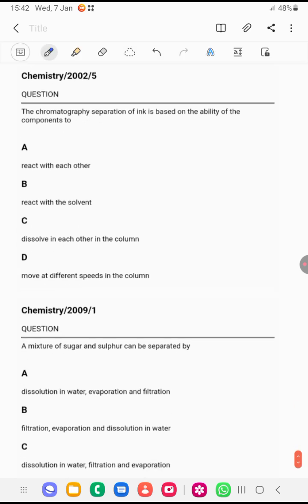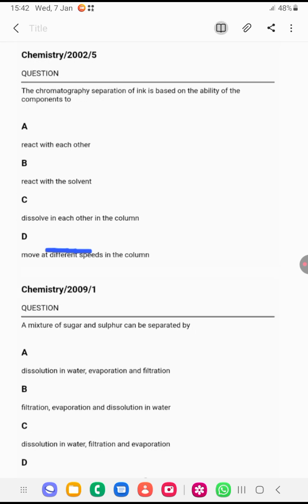The answer is D. That's the principle of chromatography: different compounds, different molecules, have different sizes, so the way they travel is different from each other. The ones that have larger size will travel slower than the ones that have smaller size. So that is just the principle of chromatography, and that's D.